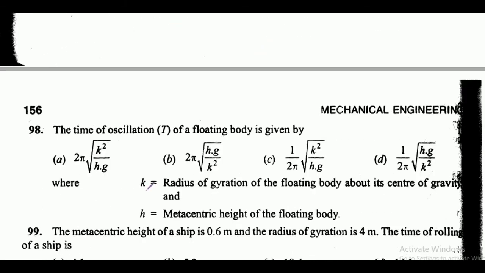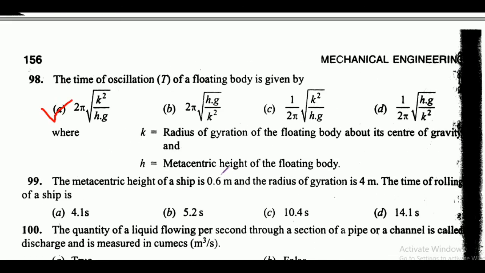Next is the time of oscillation T of a floating body is given by. Here friends, these are the options where k is the radius of gyration of the floating body about its center of gravity, h is equal to metacentric height of the floating body. So here friends, these are the options and here correct answer is option A, that is 2 pi into under root of k square upon hg.